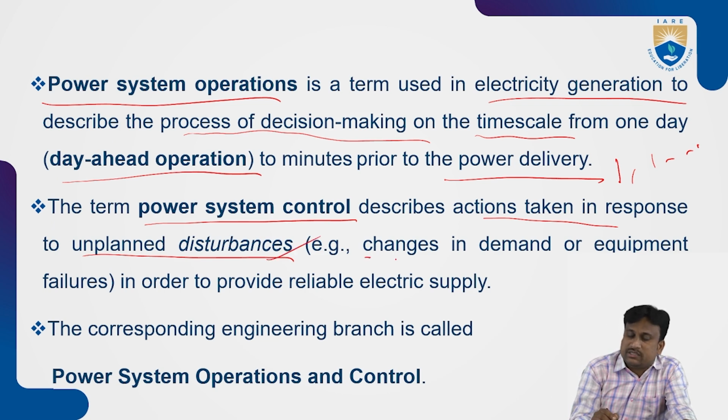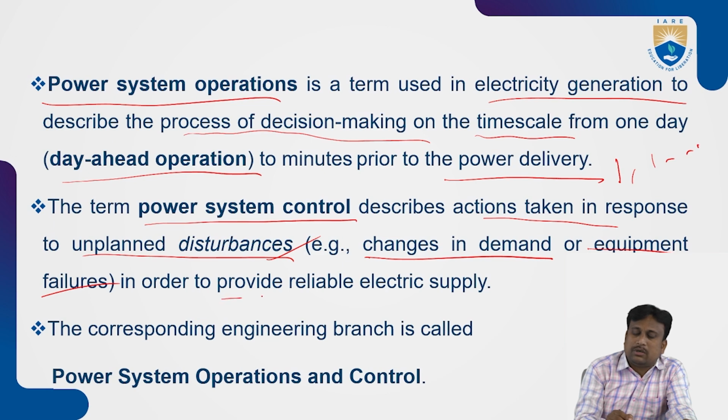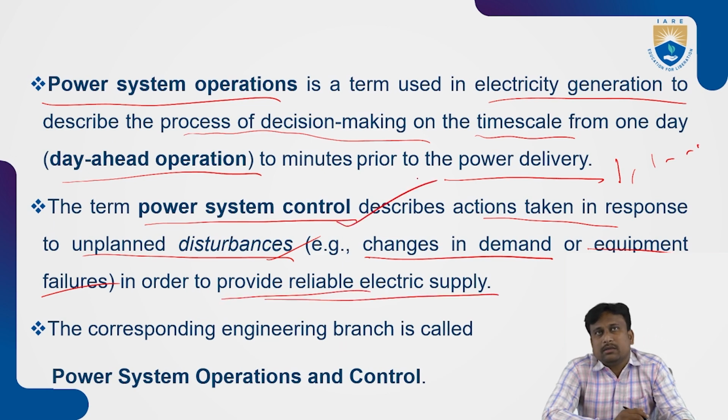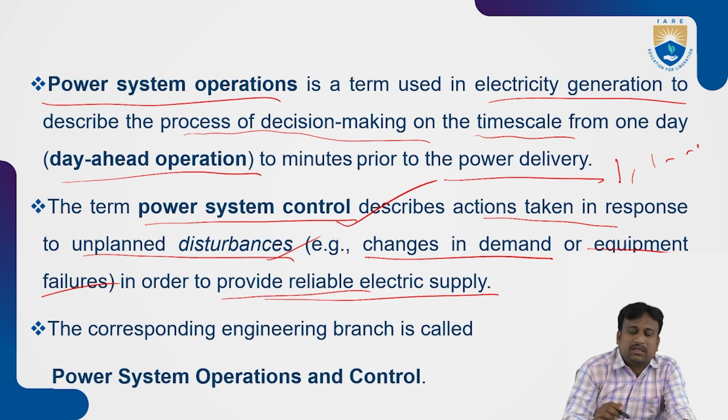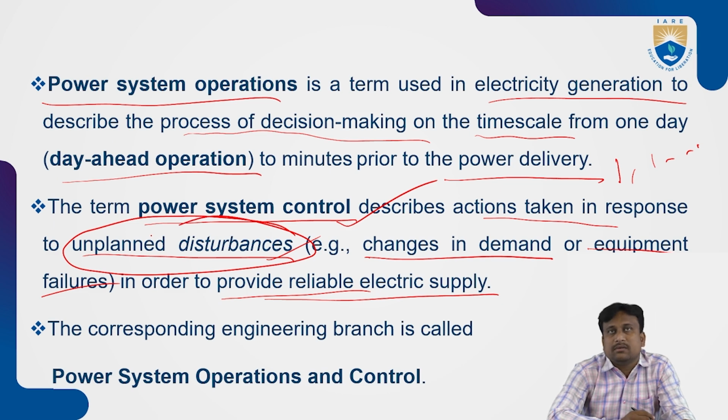Changes in the demand, or equipment failures, like that. In order to provide a reliable electric supply, we should go with the power system control operation. All these are the unplanned disturbances.